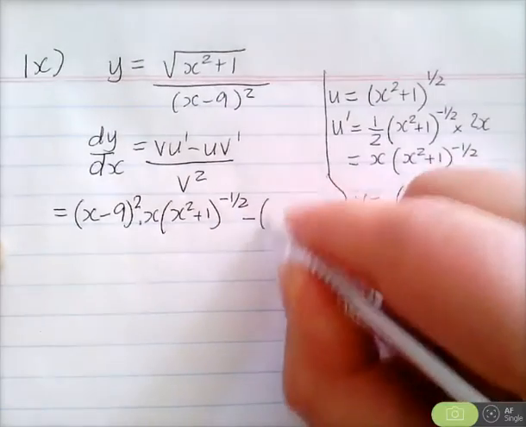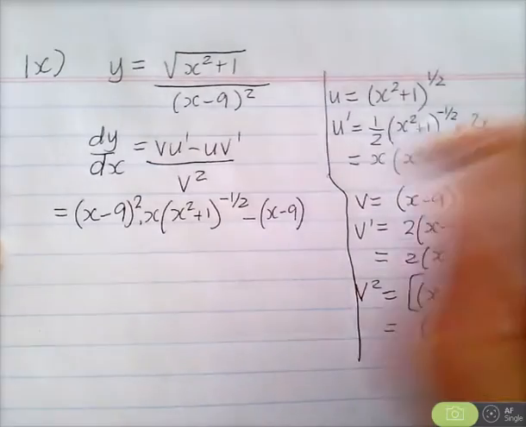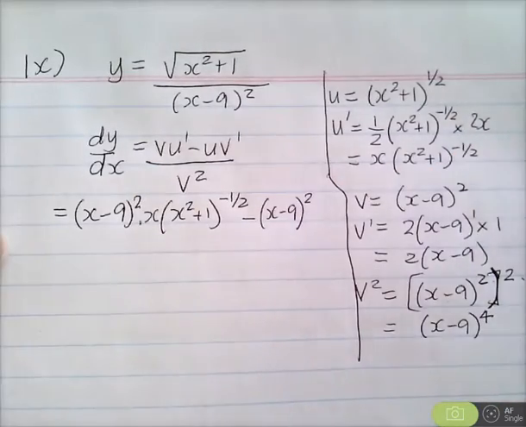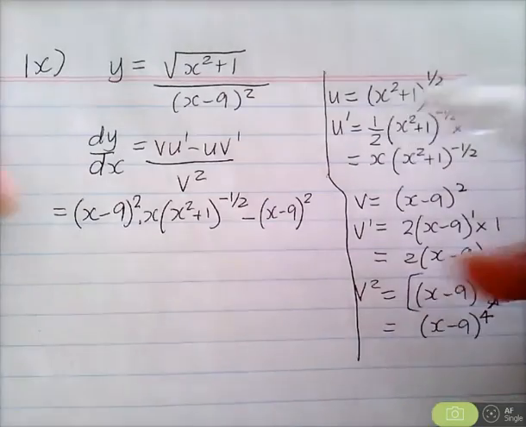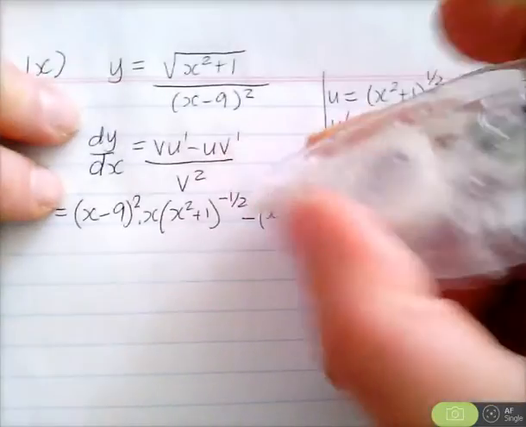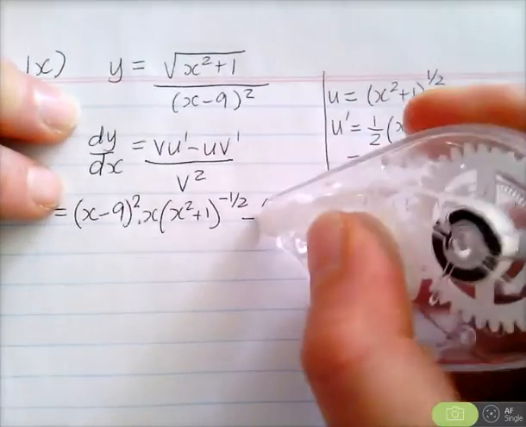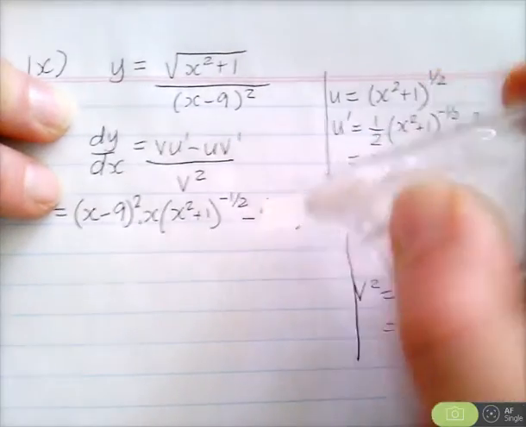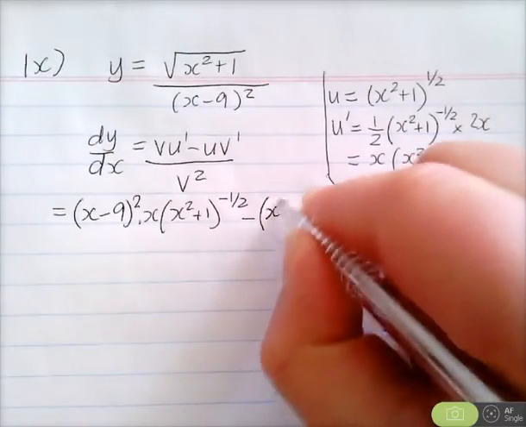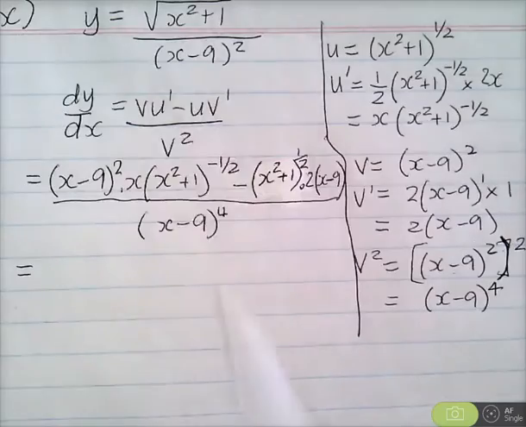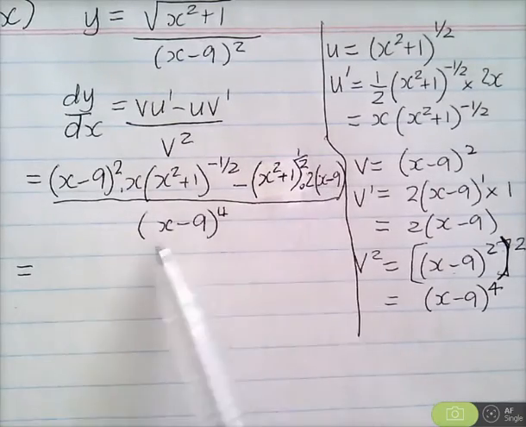Minus V is that. Give me U. U is... VU dash minus U times V dash over V squared.